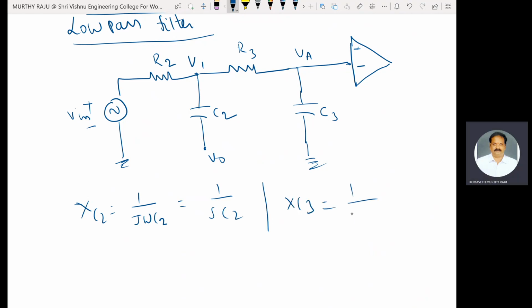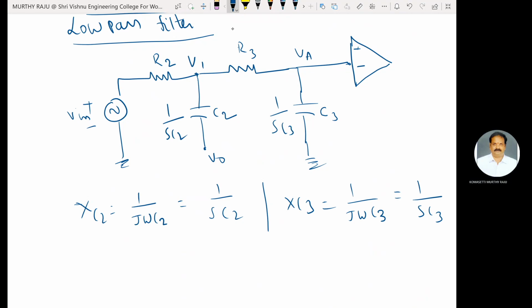XC3 is 1 by j omega C3, that is 1 by S C3. Convert this into 1 by S C2 and 1 by S C3.